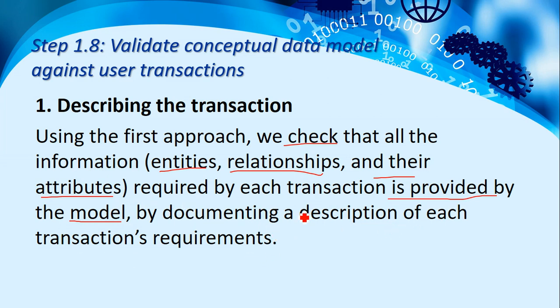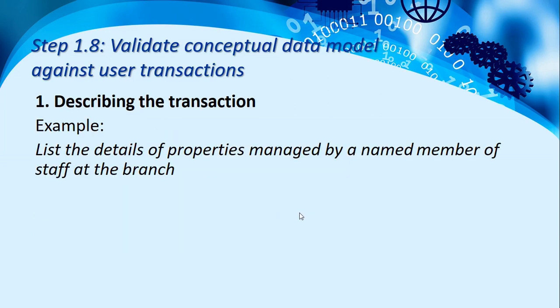Anyway, let's have an example for this one. List the details of properties managed by a named member of staff at the branch. This is the transaction requirement that we're trying to test: is it possible, can our conceptual model do this? So how do we check?